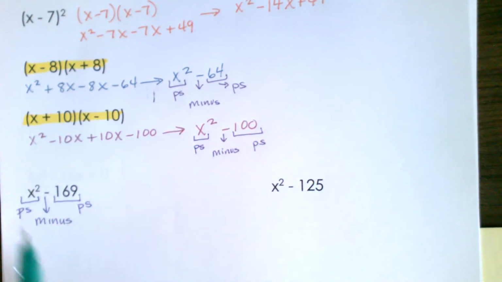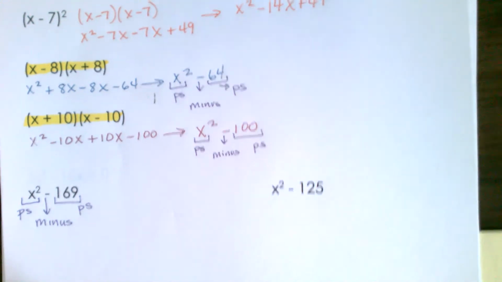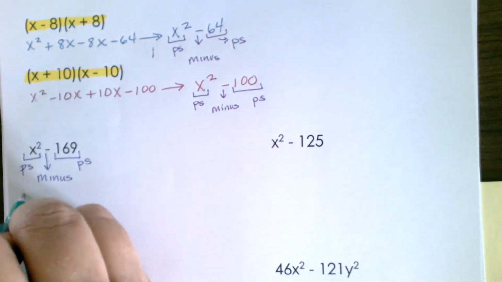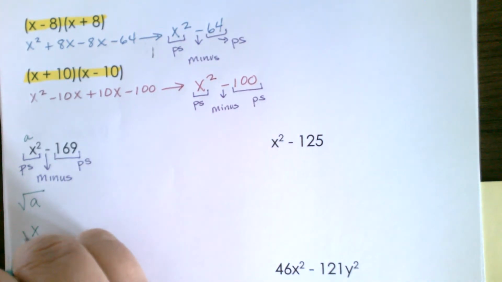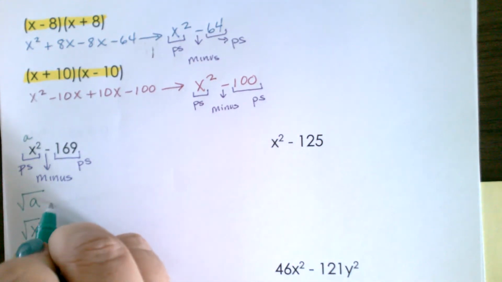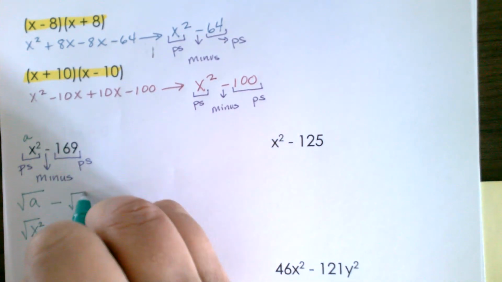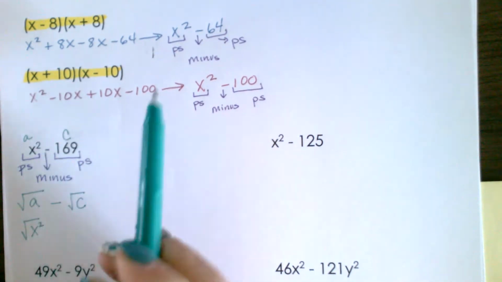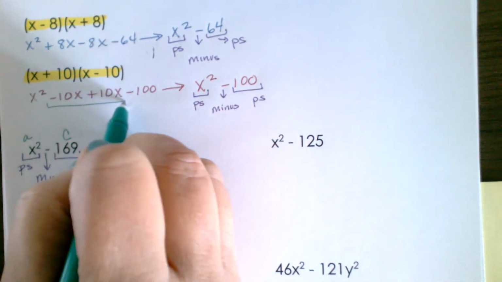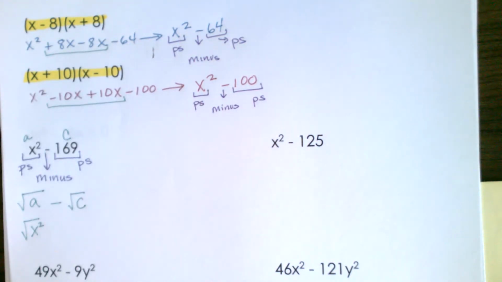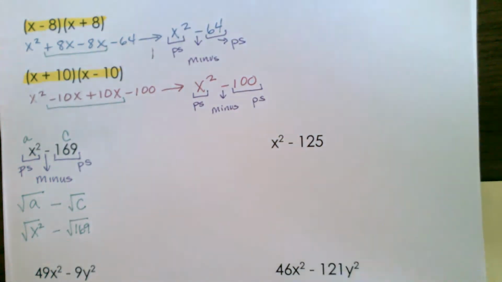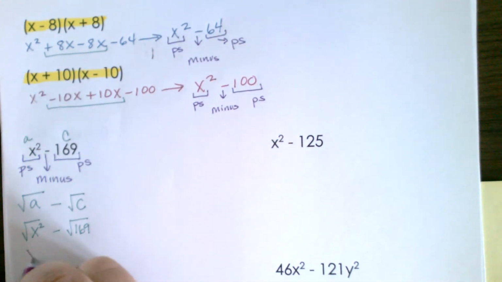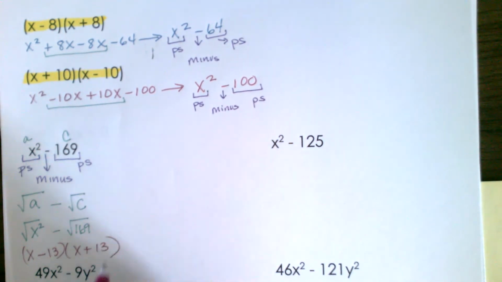So when I have a perfect square minus a perfect square, I'm going to take the square root of the a term. Remember, that's my a. So I would get x, minus the square root of the c term. The b has been canceled out. There is no b term. So minus the square root of 169. That would leave me with x minus 13 times x plus 13.